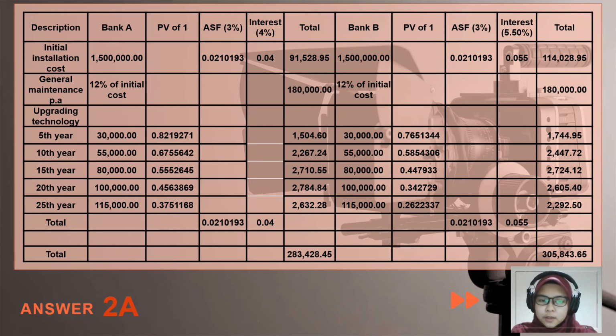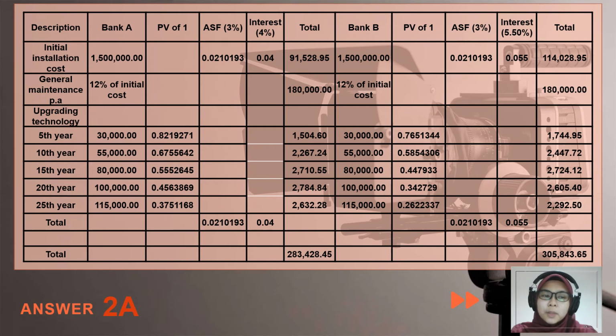As for the ASF value, it can be obtained in the annual sinking fund table from Parry's valuation table at 30 years economic life and 3% interest rate. Thus, the calculation would be the cost times by ASF plus interest rate. Thus, it results in the total of 91,500 for Bank A and 114,000 for Bank B.